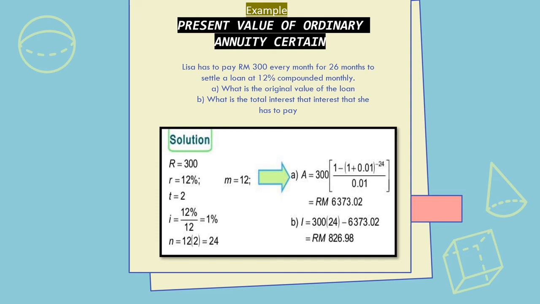So here is the solution. Interest equals 300 multiplied by 24, then minus 6,373 ringgit 2 cents. Then we get the interest that she has to pay, which is 826 ringgit and 98 cents. Okay, that's all.